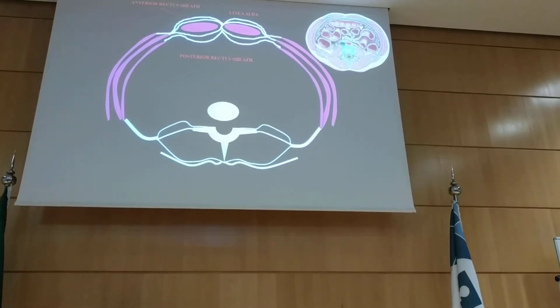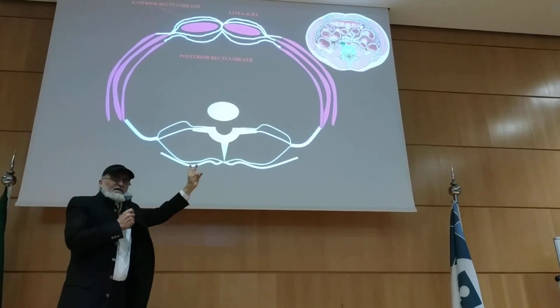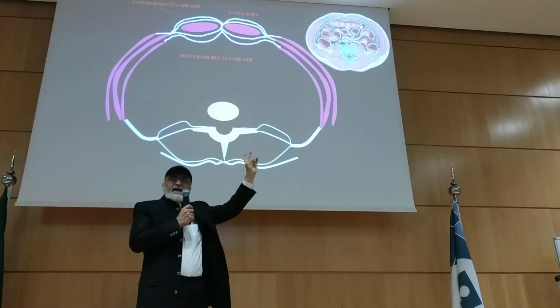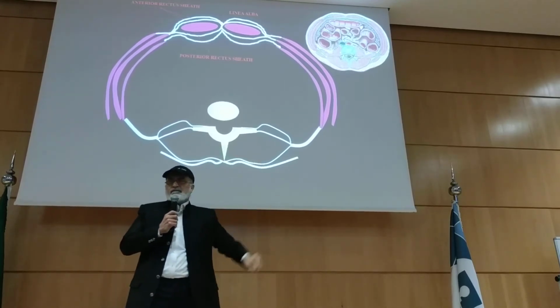posterior rectus sheath, all the aponeurosis are meeting in the midline in what we call linea alba.